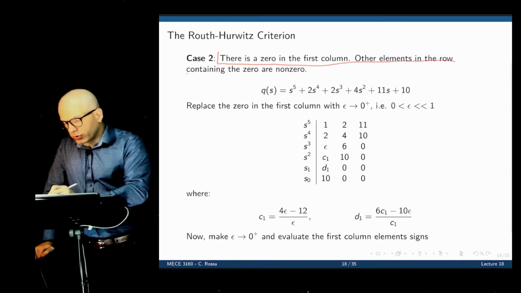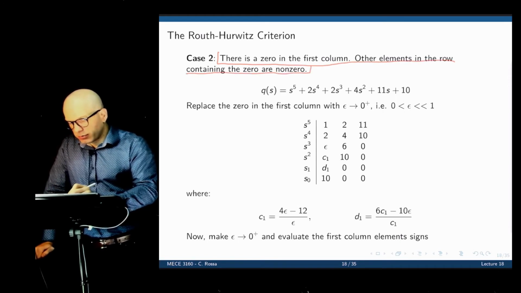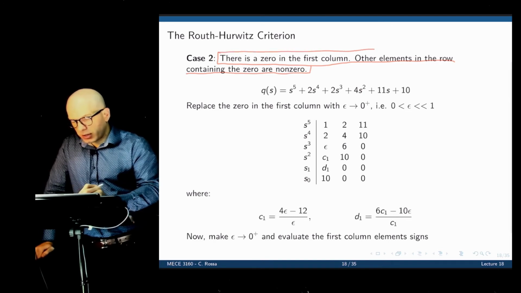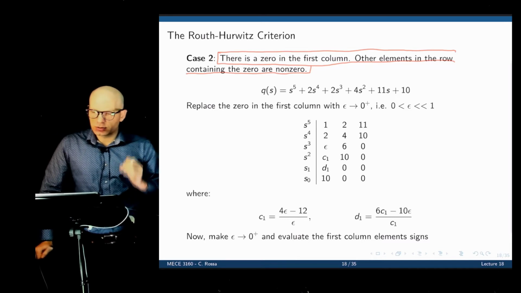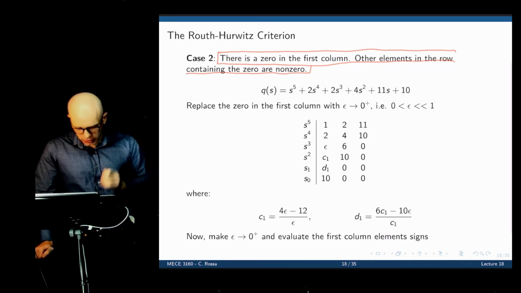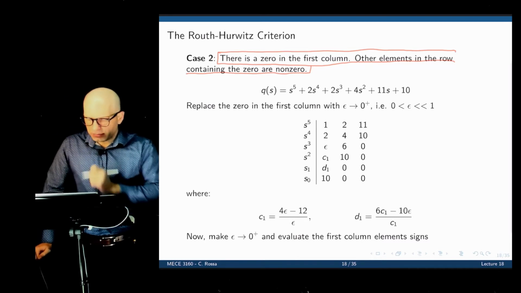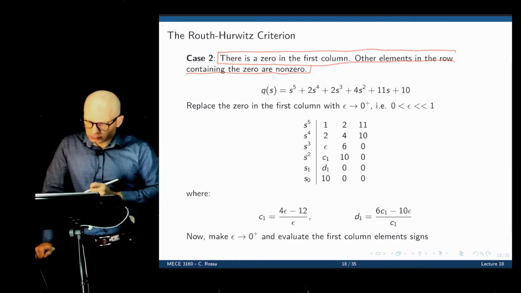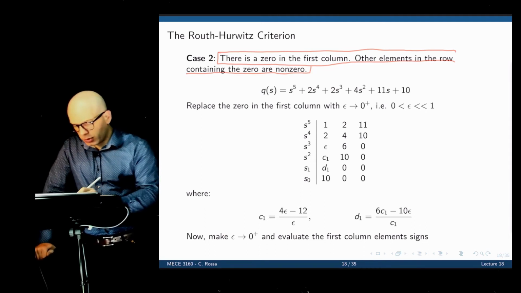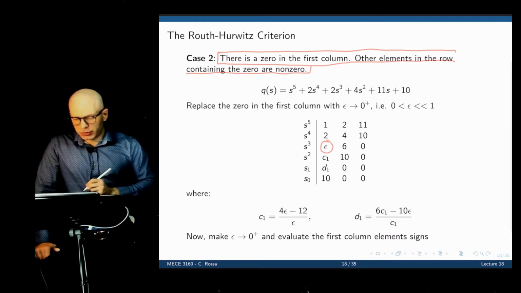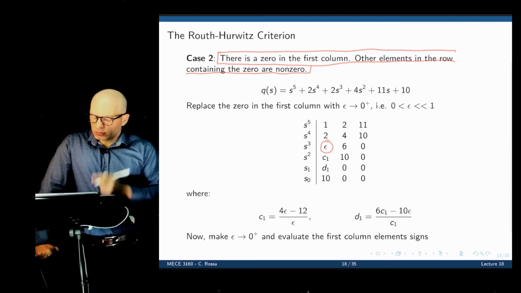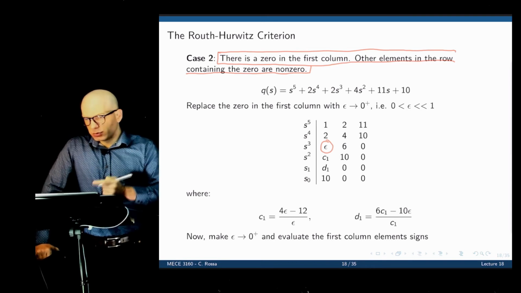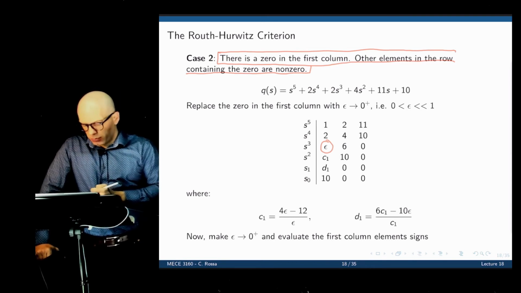The second case is when there is a 0 in the first column and all other elements in the row containing the 0 are non-zero. For example, if you take this polynomial and you do the matrix for that polynomial, this particular element here will be 0. 1 times 4 minus 2 times 2 divided by -2 is 0.